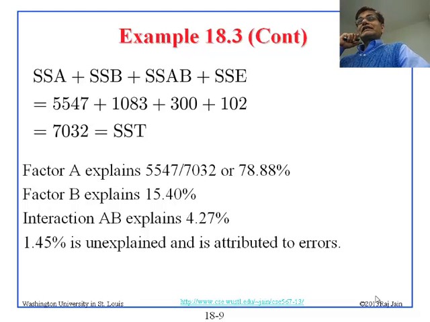What it means is that the factors that you didn't control had very little effect. So that's good. At least you controlled everything. And the second thing it says is that you really want to worry about A more than anything else, because it is 80% almost, 78.88%. Alright, if you have time, then go for B. And then if you have time, then go for interaction AB.